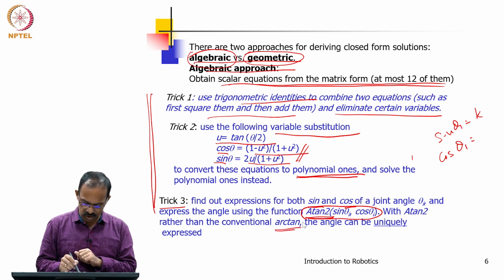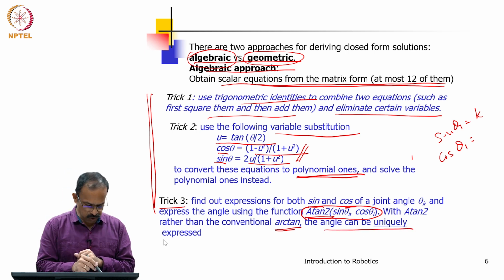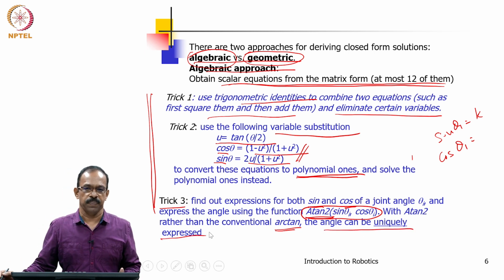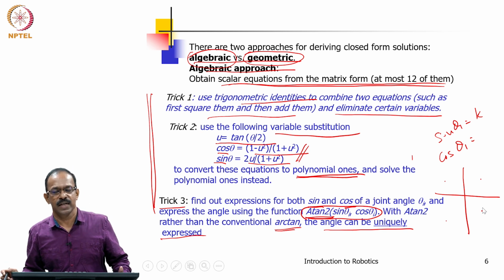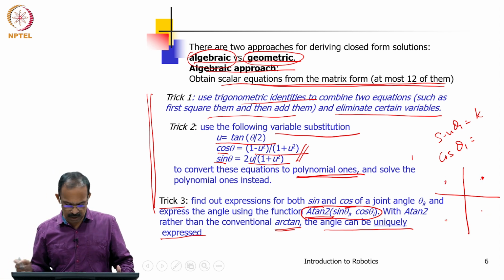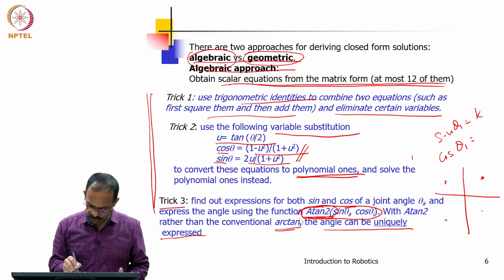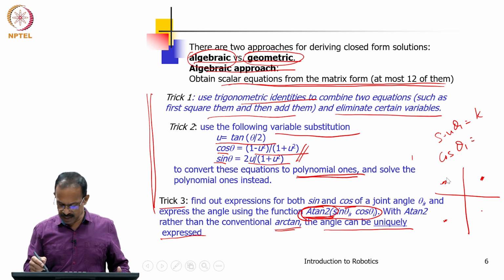Normal arctan is not used, but instead use the atan2 function, and that can give you a unique expression for theta. When you use the normal arctan, theta can be anywhere, but it will not clearly tell in which quadrant it lies, because the arctan value will be the same, but the quadrant will not be specified. But if you use the atan2 function, you will be able to clearly tell which quadrant it lies in, so theta is uniquely defined.